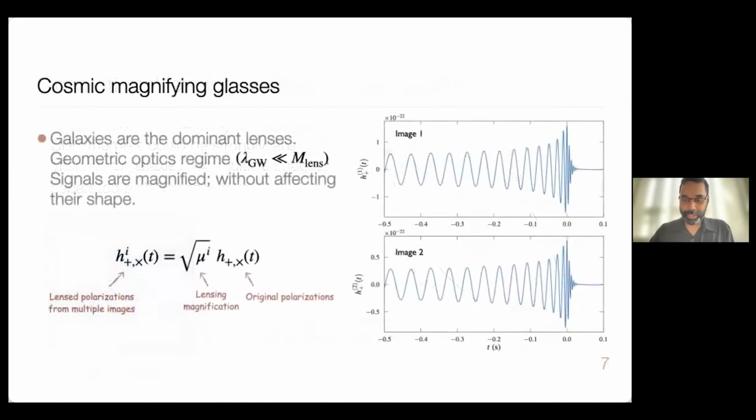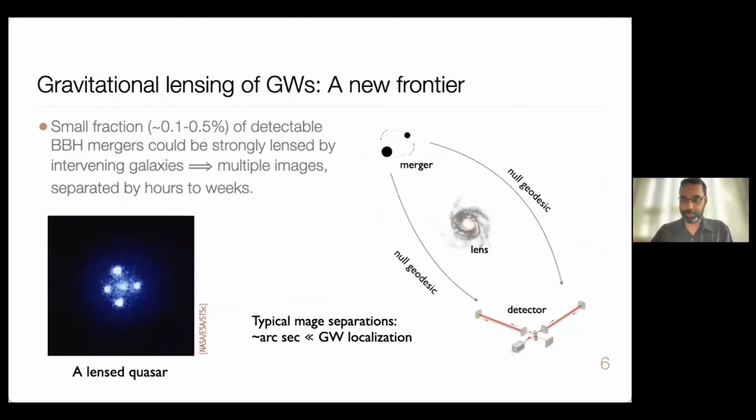So when the lenses are galaxies or clusters, which have Schwarzschild radii of 10 to the 11 kilometers or larger, and we talk about gravitational lensing of gravitational waves observable by LIGO and Virgo, their wavelengths are much smaller compared to the gravitational radii of the lenses. Hence, the problem can be treated in the approximation of geometric optics.